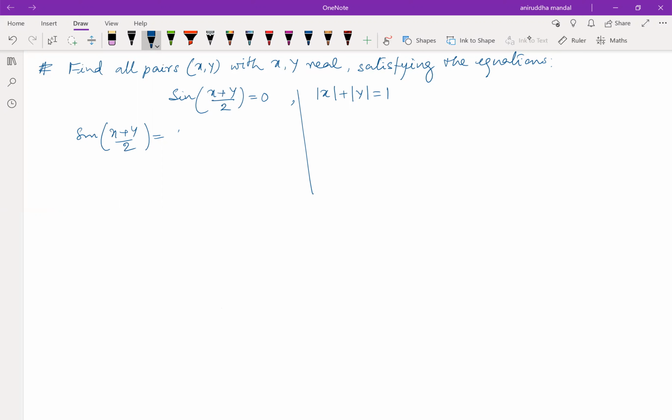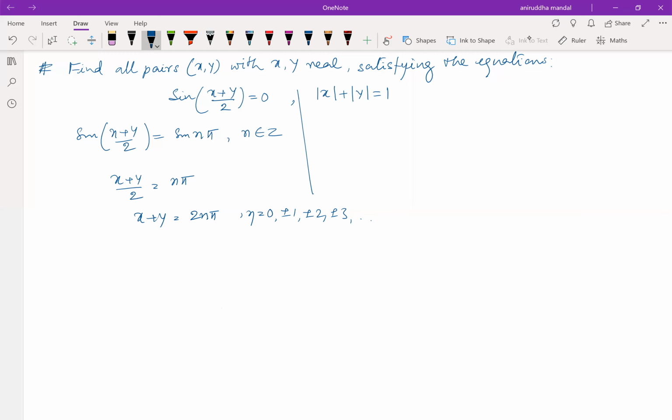So we can simply write sin(n pi), where n belongs to Z, all integers. So (x+y)/2 equals n pi. So x + y equals 2 n pi, where n equals 0, plus or minus 1, plus or minus 2, and so on.